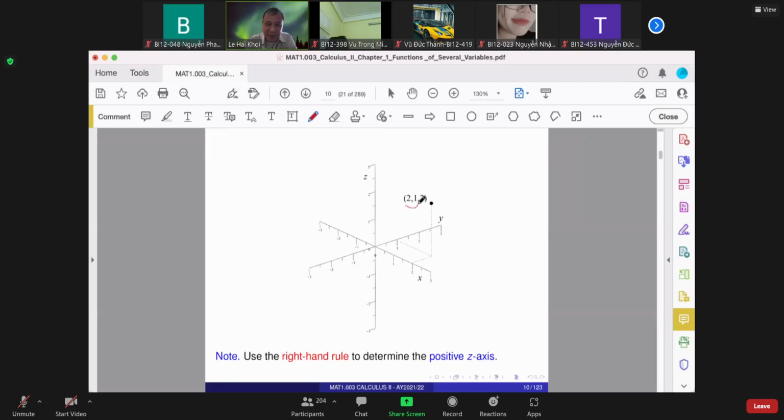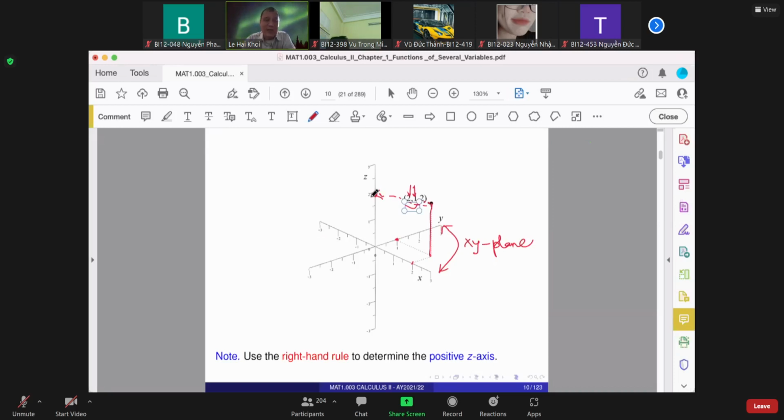The first 2, when you project it to the X, Y plane, right? Then you have X is 2 and Y is 1. For Z, you should project it to the Z-axis.